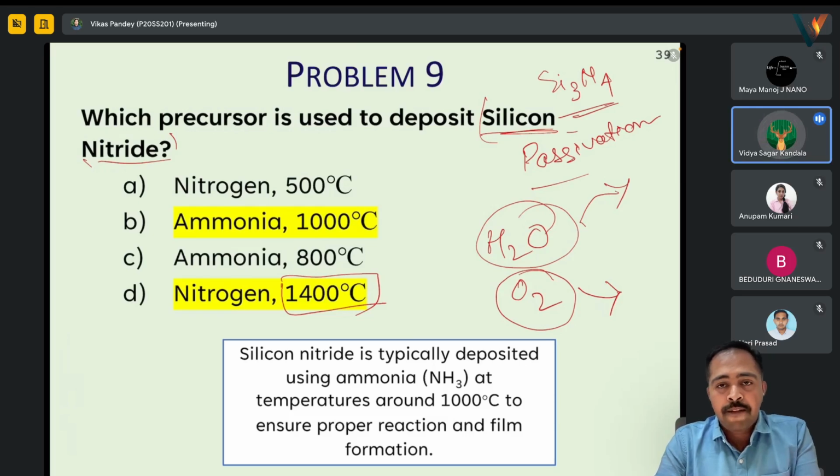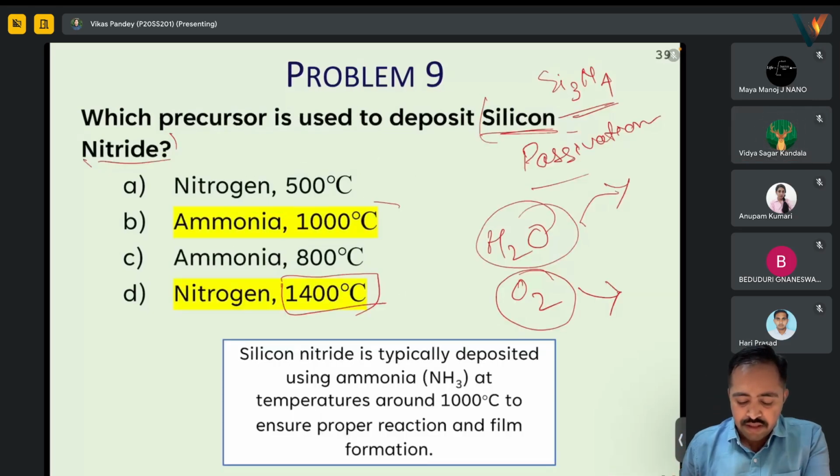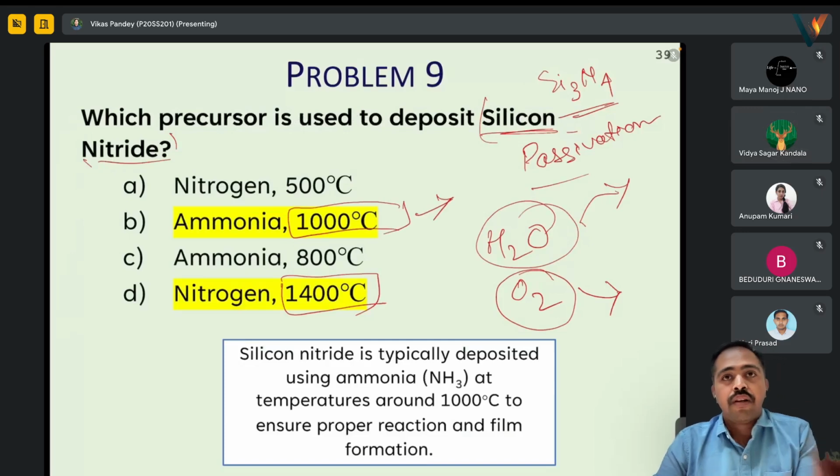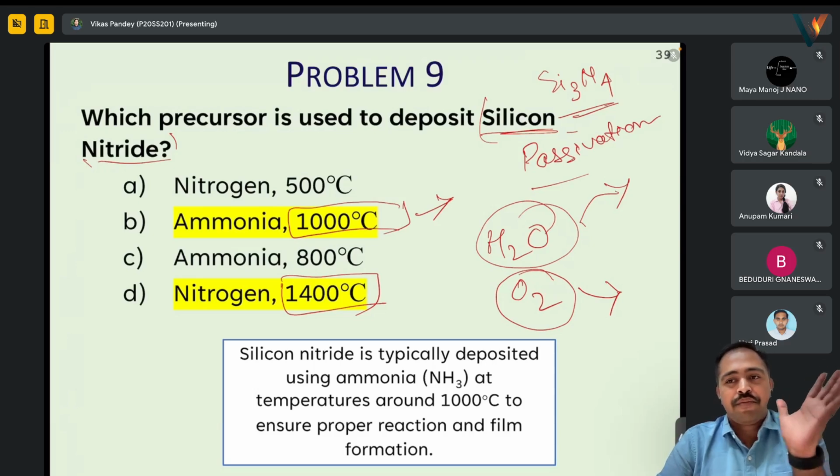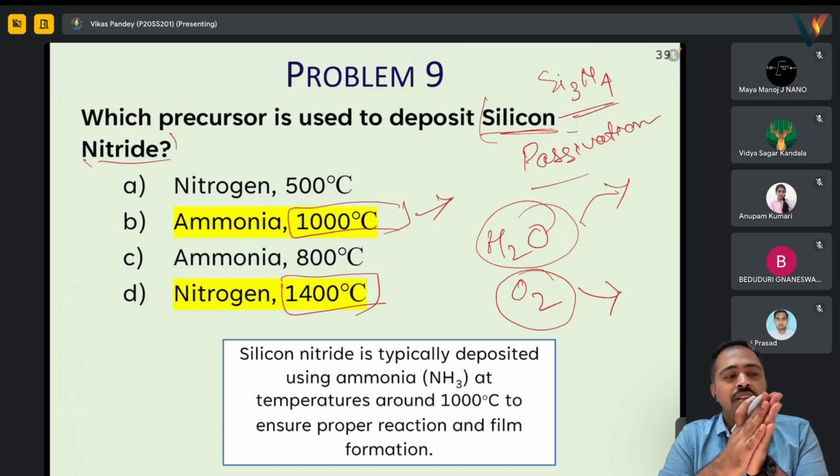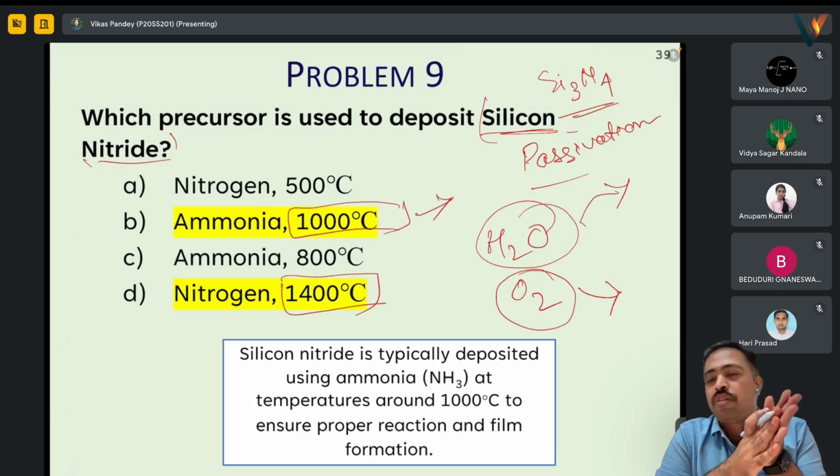Just a question of operation. When you are sending the ammonia to make the deposit, are you doing any treatment to the ammonia to break the N and H ions, or is it directly sent to the wafer? See, it is mostly temperature dependent. Molecules, when they get enough energy, tend to break. When the activation energy is reached, they break and do some reactions.